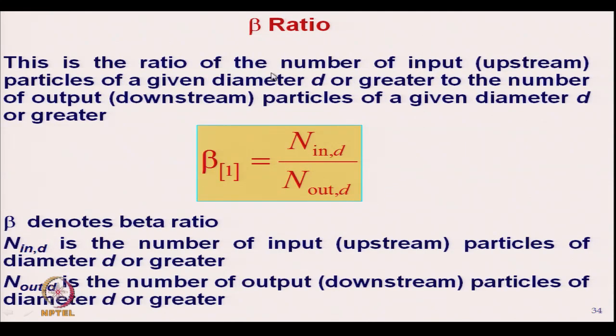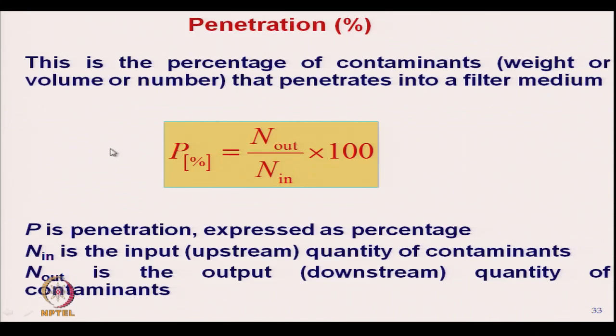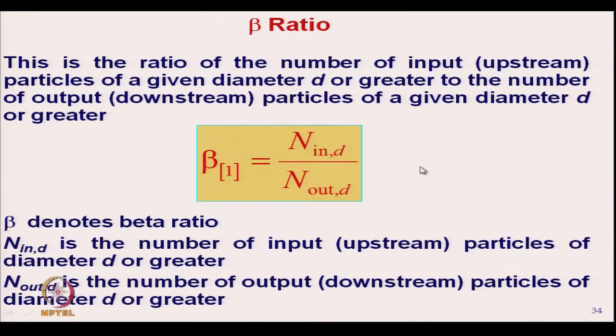And beta ratio. In the earlier case, penetration, it was N out by N in, which may be in terms of weight, volume or number, but in beta ratio this is the ratio of the number of input, that is upstream particles of a given diameter d or greater, to the number of output, that is downstream particles of the same diameter.